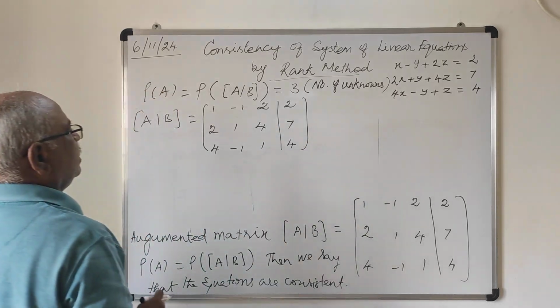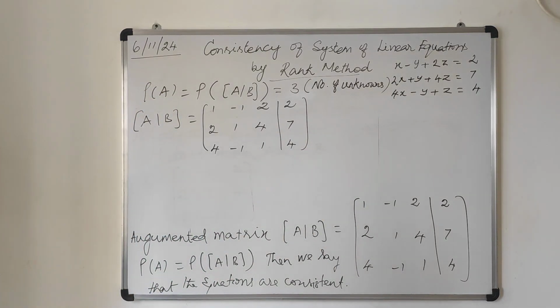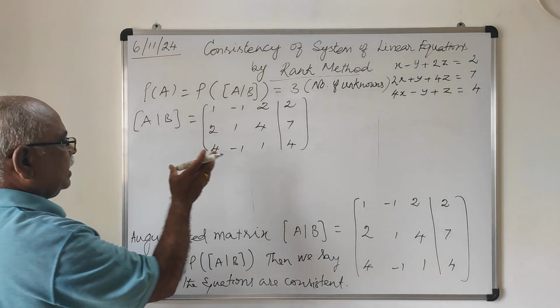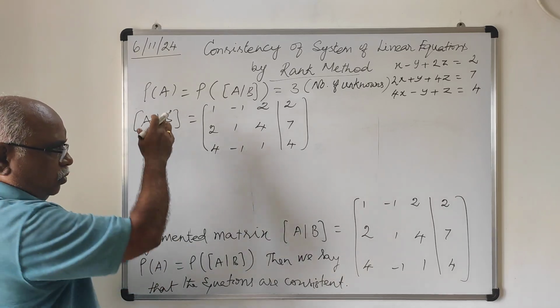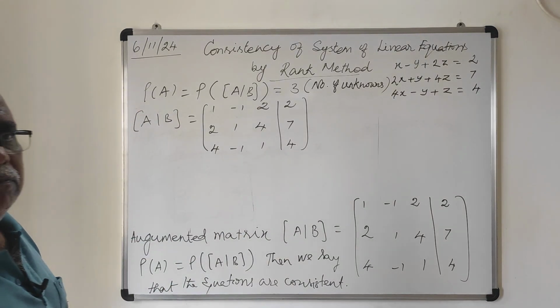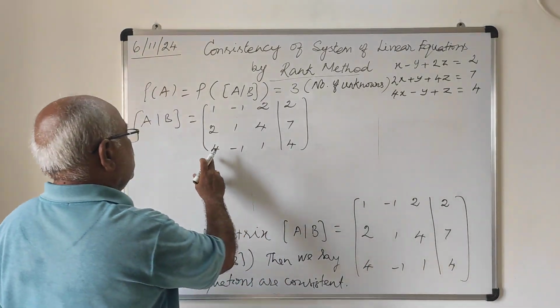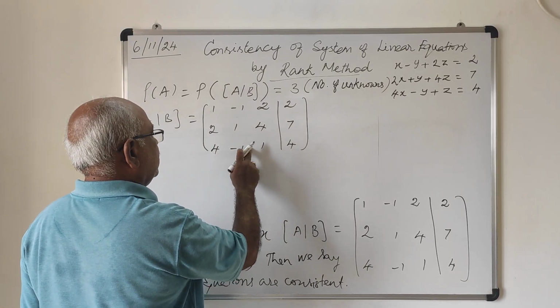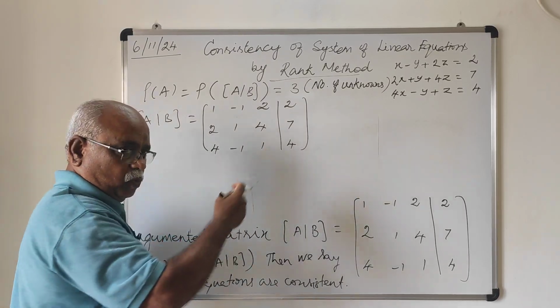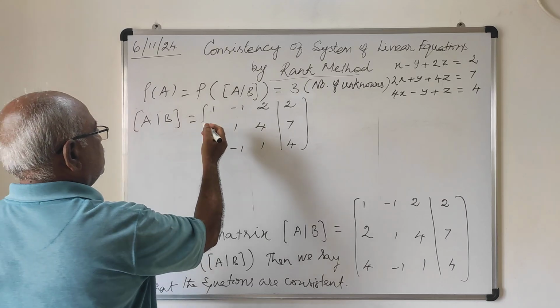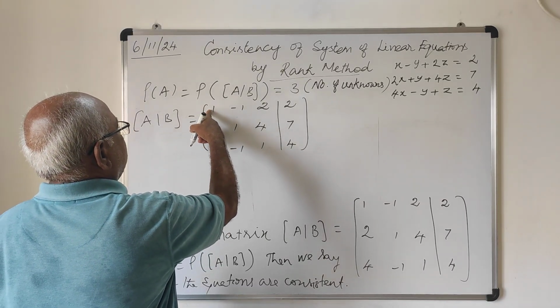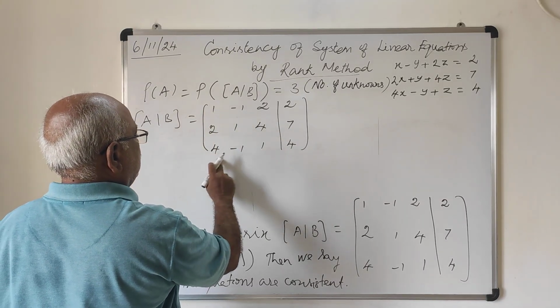This is your augmented matrix. To find the rank of the matrix, we have to reduce this matrix into echelon form. For that, we have to reduce the row elements to 0. First, make the second and third row elements 0.